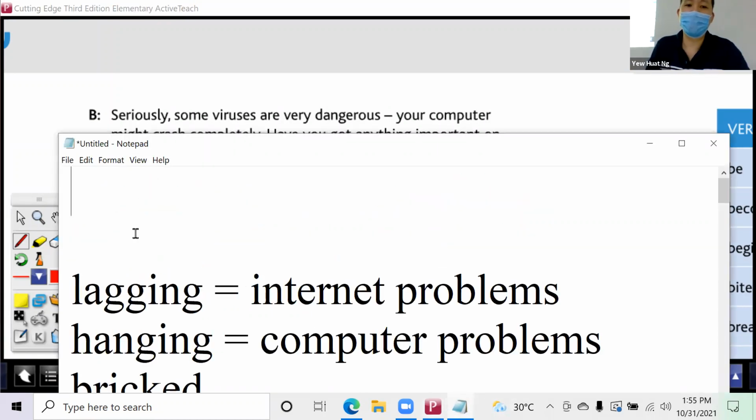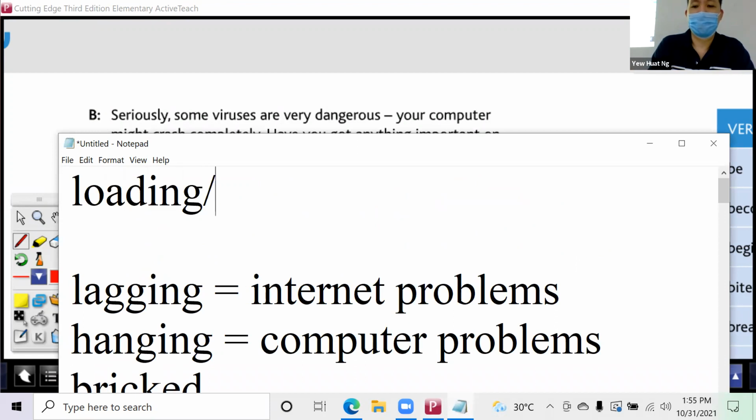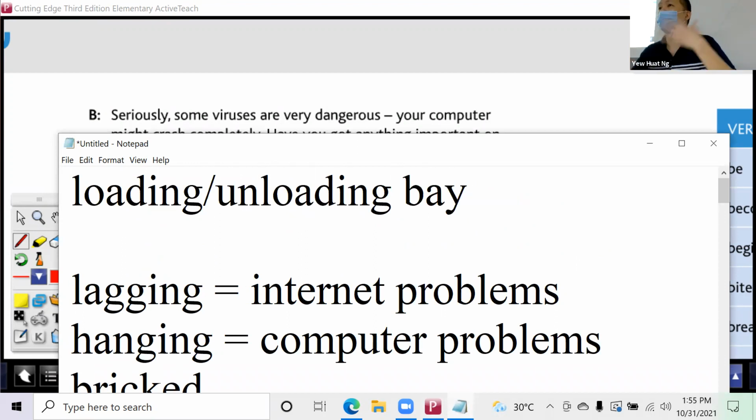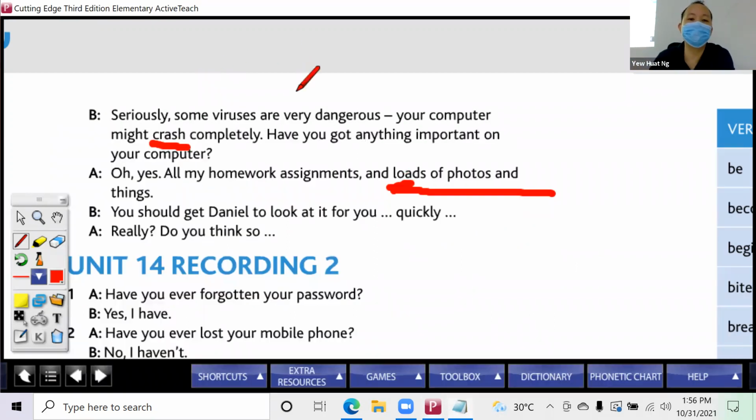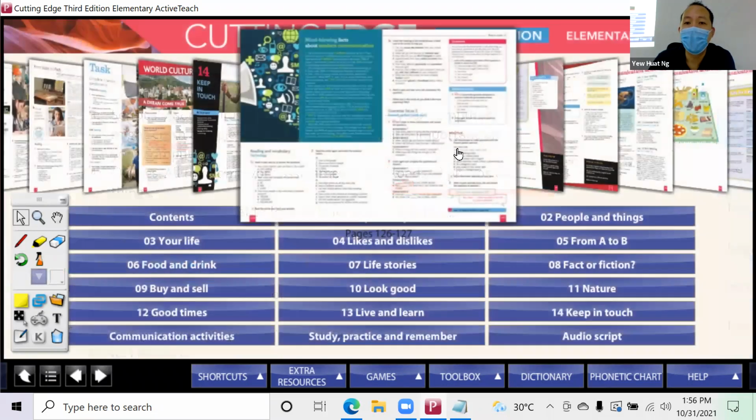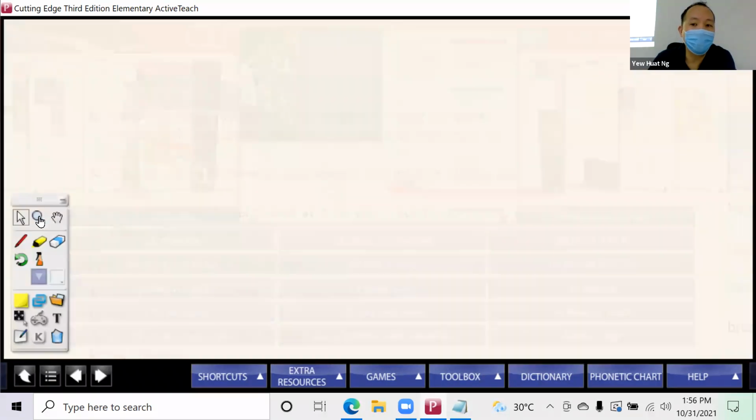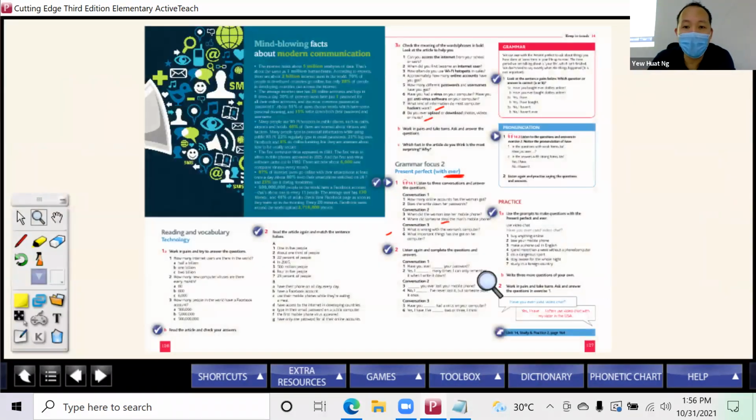You need to go to the loading, unloading bay. Loading / unloading bay. That means that the truck needs to go there. All the heavy things can come out. All the heavy things can go in. Clear? Okay. Any questions? No? Wonderful. Okay.